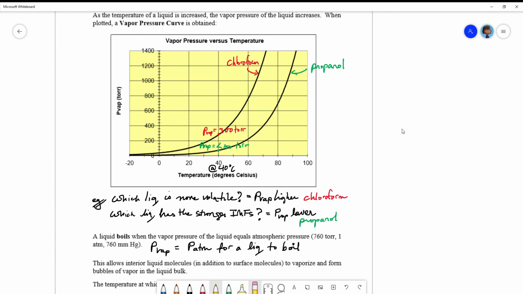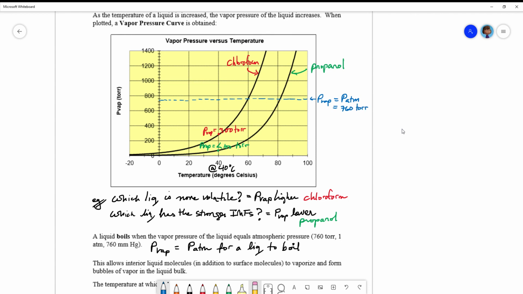So I'm going to draw a line here. Let's use blue. 700 is in the middle here, and so I'm going to guess that 760 is about here. I'm obviously making an estimate. So what does this line represent? This line is when P vapor equals P atmosphere, which is 760 torr.